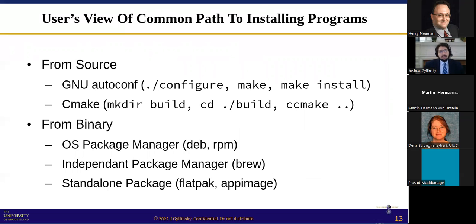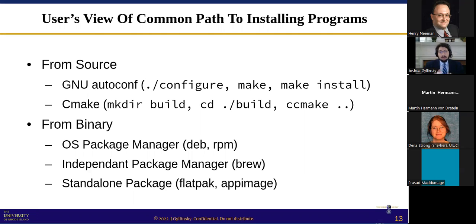As an individual user, you probably are familiar with installing from source, whether that's with the autoconf, the ./configure, make, and make install setup, or with the CMake methodologies, or just dropping the deployed software as a binary. This might be at the OS package level with deb or RPM or some independent package manager, like brew.